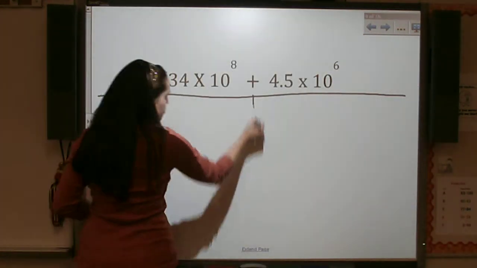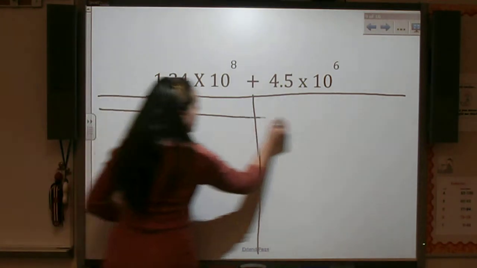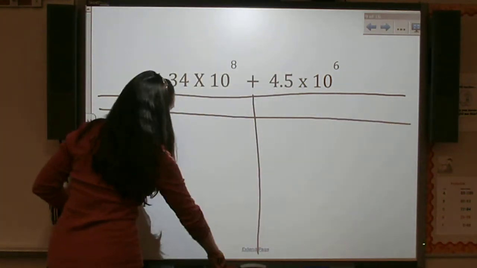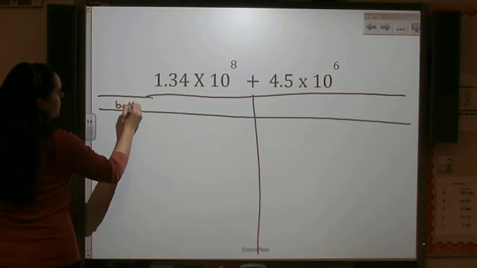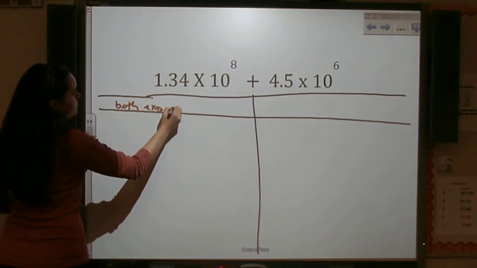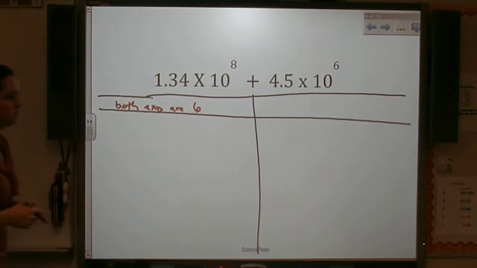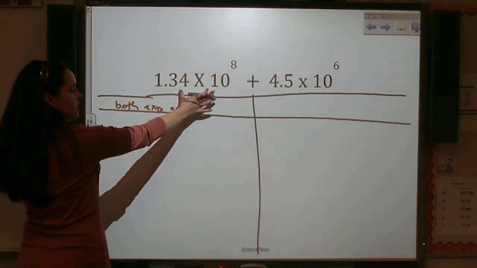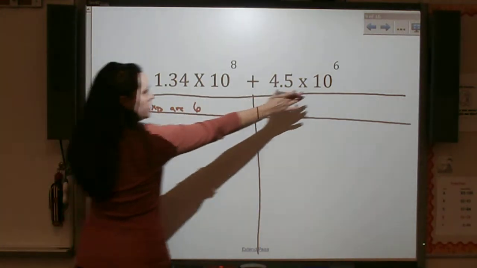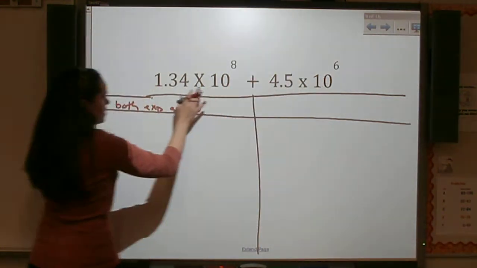So, I'm going to split my screen, and on the left, I am going to make it to where both exponents are 6. Okay? So, right now, this is the one that I would need to manipulate because this one has a 6 as the exponent, this one has an 8.